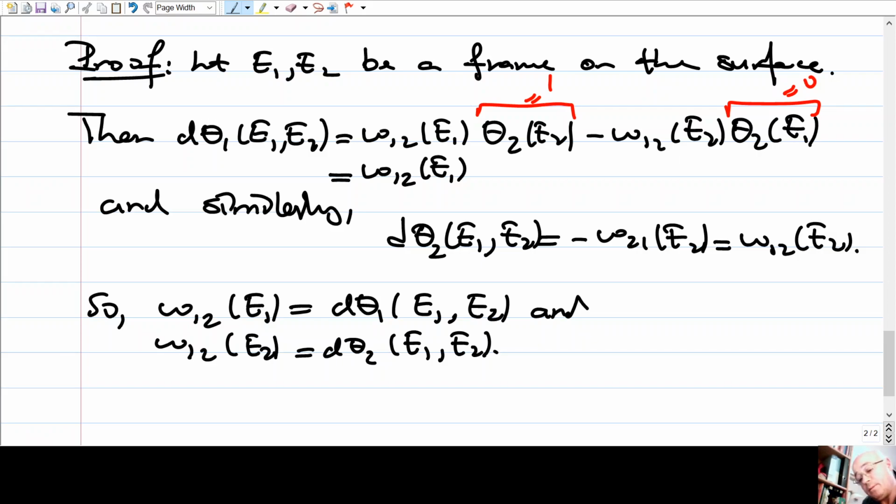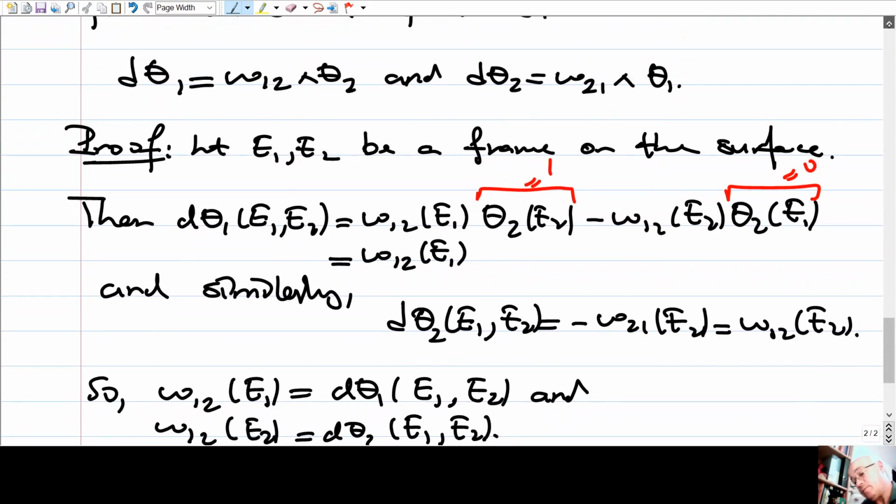Wait a minute, I think I made a mistake. So d theta 2, if I put E1 on this vector, E2 on this vector, is 0. And then E2 on this one minus E1 on this one. So I get this.